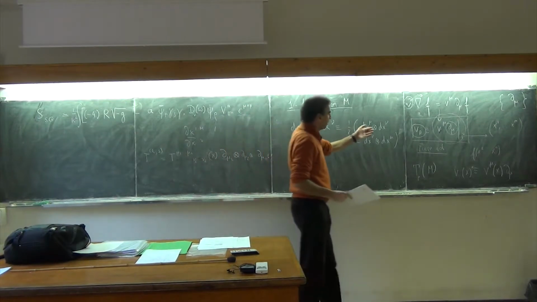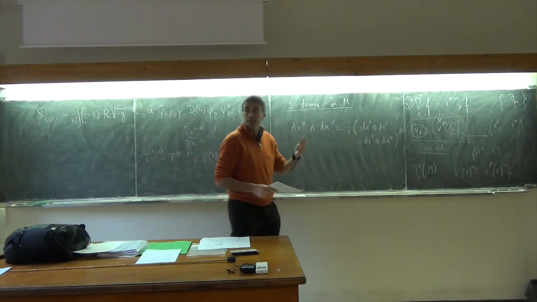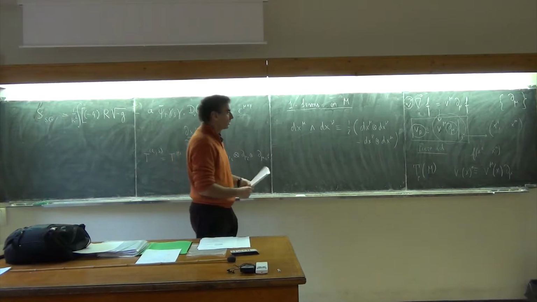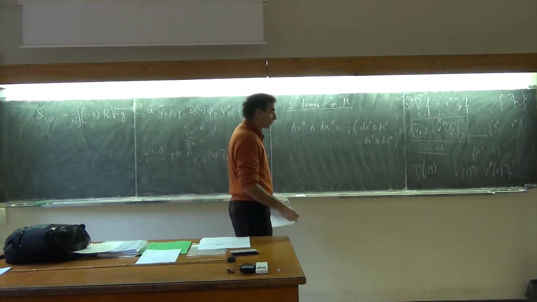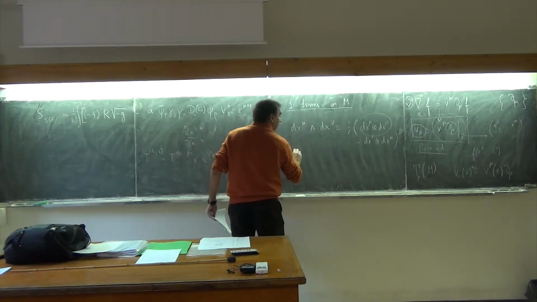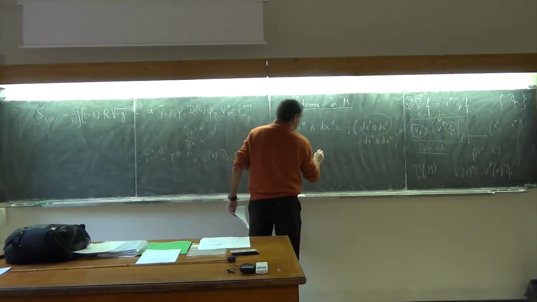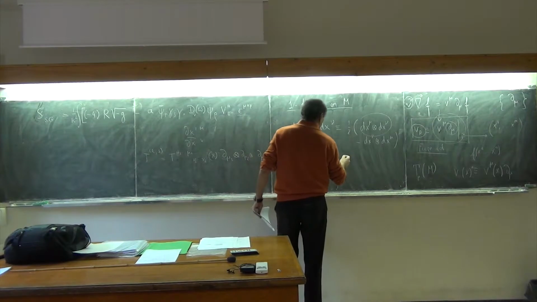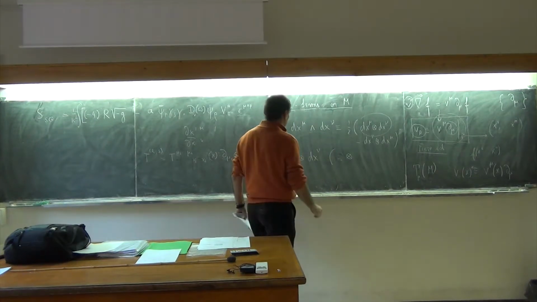Here, this is a tensor product of functionals on tangent vectors, which means that this object acts on tensor products of vectors.